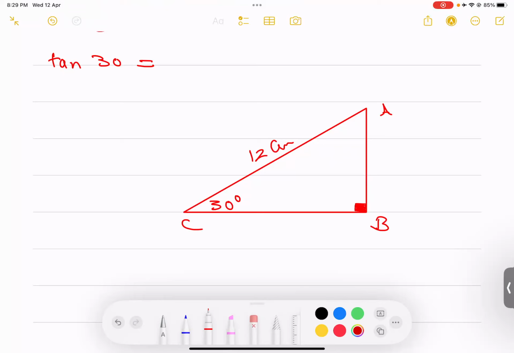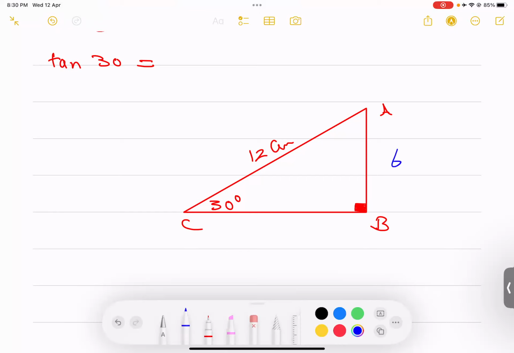But remember, whenever we have a right 30, we have a theorem that tells us that the opposite to 30 equals half the hypotenuse. I'll say it again. The opposite to the angle 30 equals half of the hypotenuse. So this part is half of 12, so it's going to be 6.